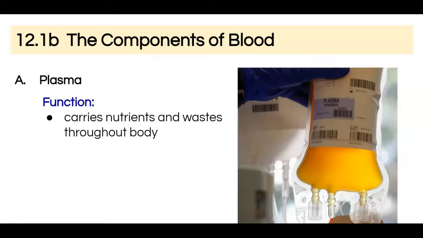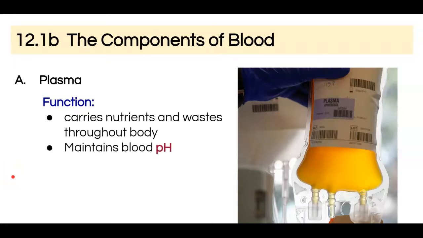So bringing nutrients to where they need to go, and removing wastes so that they can exit the body. A good example of that would be urea, which is a nitrogen byproduct from our proteins. Our bodies need to get rid of that, and so our plasma would be carrying that through, and of course CO2.